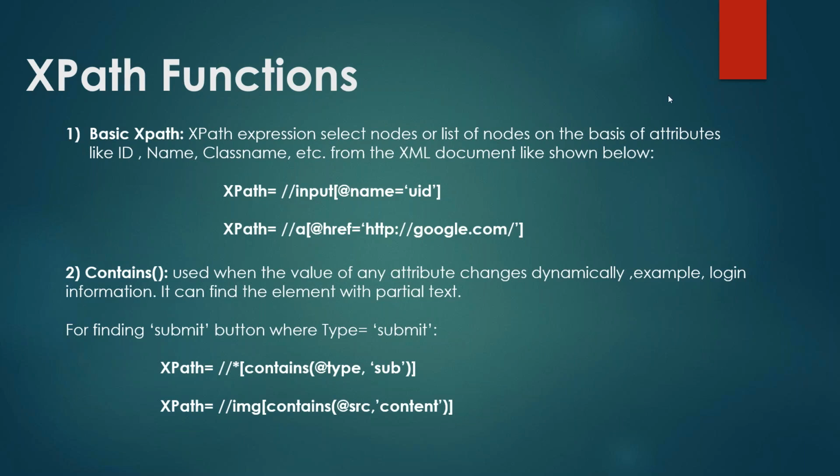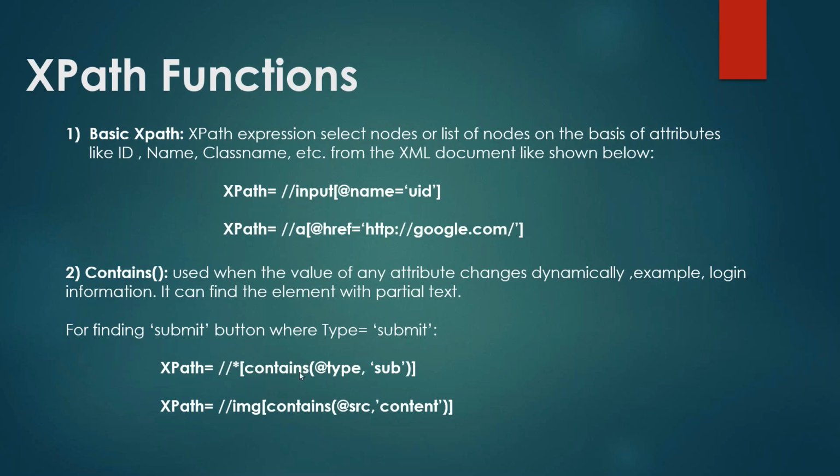Okay. So these are the 5 functions which are specific for any criteria. Otherwise, in general, relative and absolute XPath are enough. So first one is basic XPath. This I have already told you in the previous slide. Then comes the contains. See, don't look on the slide.